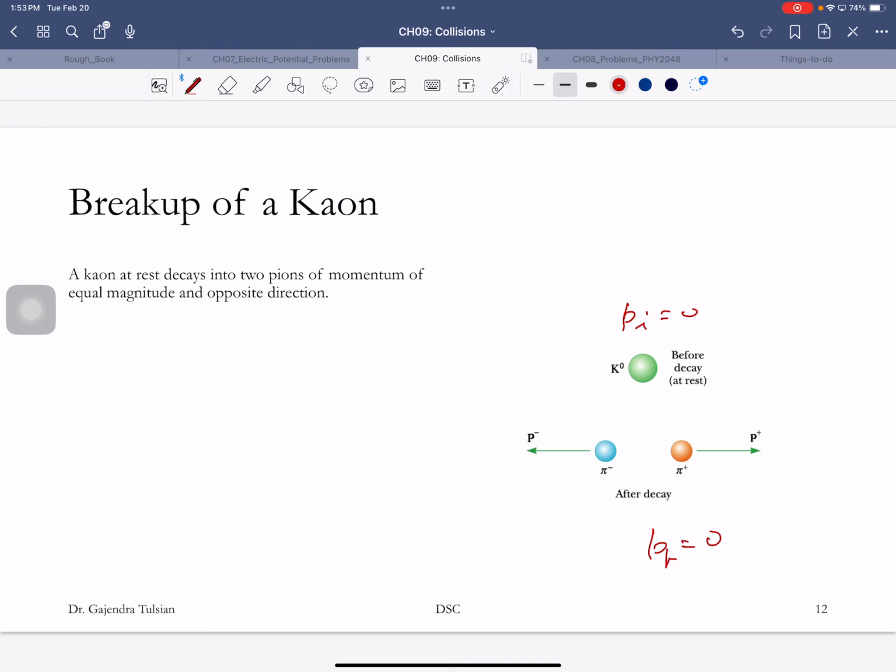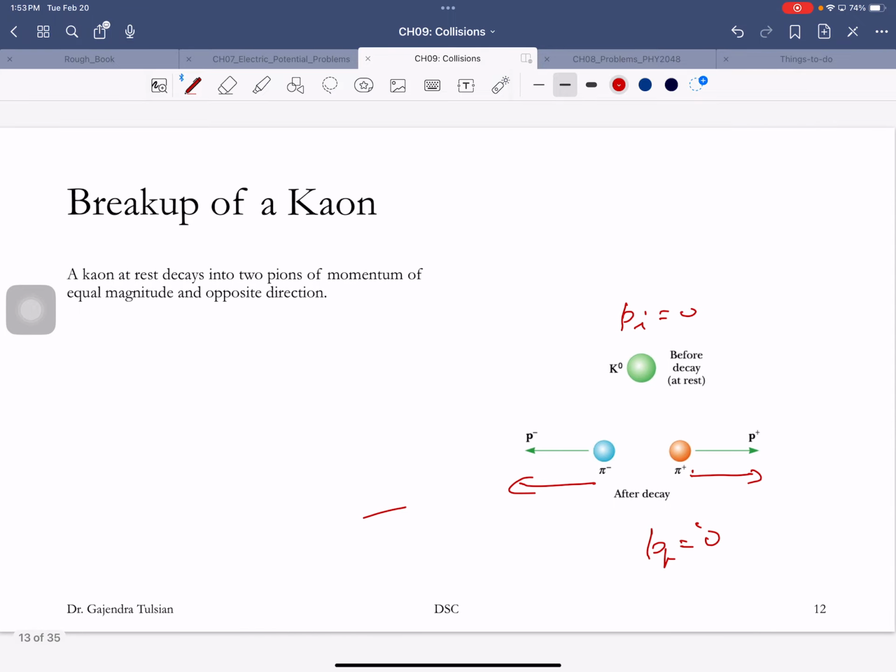That means these guys have to fly off 180 degrees apart exactly at the same speed to however many decimal places you want. So that's the kind of statement you can make. You can conserve kinetic energy by giving them different velocities, but conservation of momentum says no. They have to have the same speed and go exactly in the opposite direction. So see, now you've got an additional restriction.